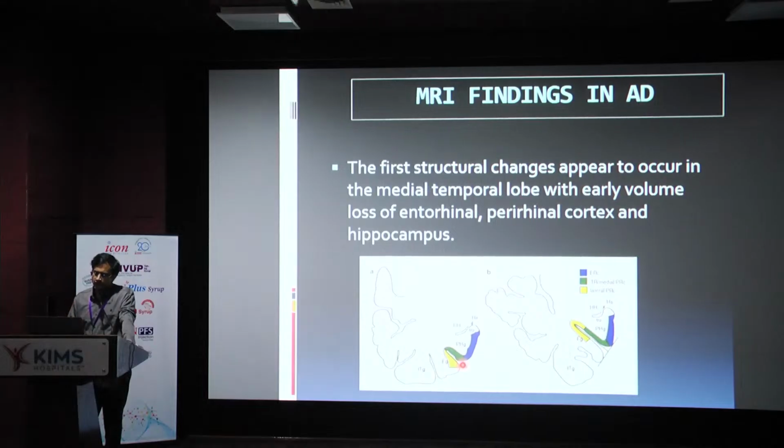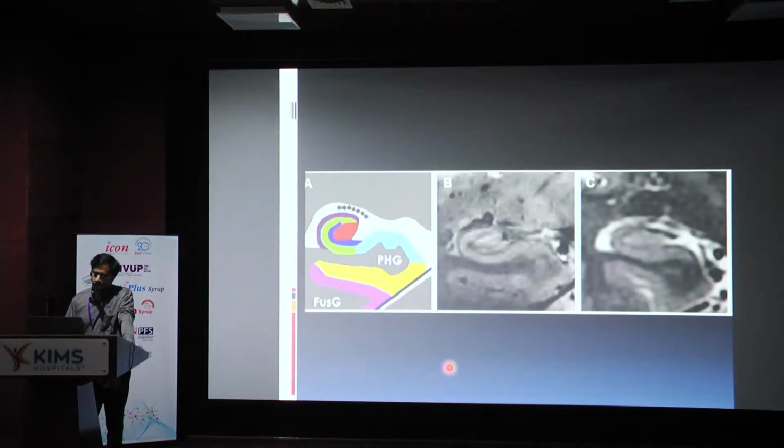Even the medial temporal lobe atrophy scale starts this way and finally goes to the hippocampus. So this is the area we are mostly interested in, and what is happening to this area is what we look at. Rather than going back to the hippocampus, we concentrate on what is happening here. If we think it is Alzheimer's dementia, there will definitely be some changes here.